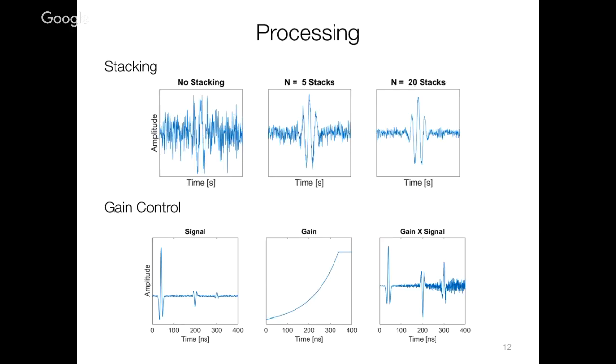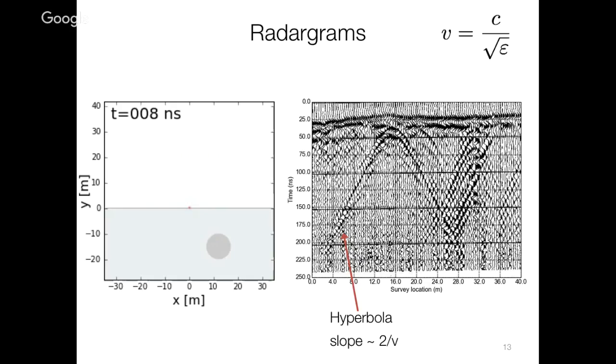Do that, and now you end up with a signal that maybe looks like that. There's your wave, a positive event, and then a reflection with different polarity. That's what you want to use for your radargram signal, and then you put them all together and see what you get.